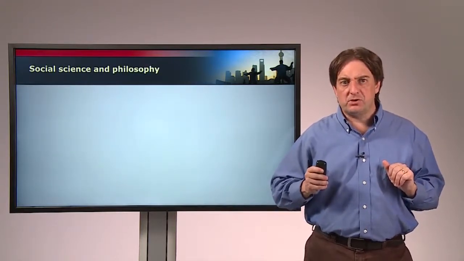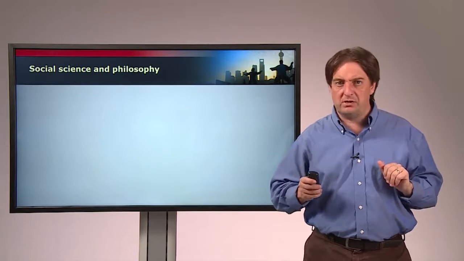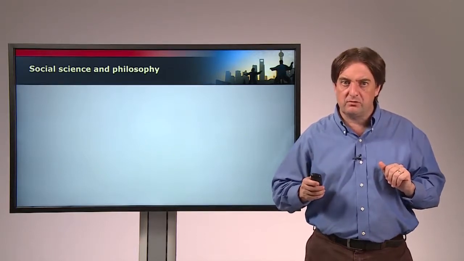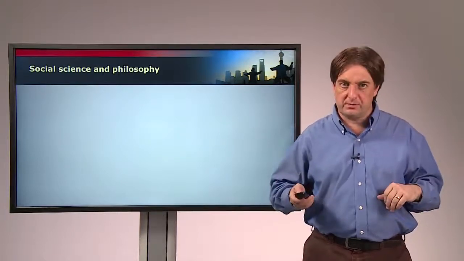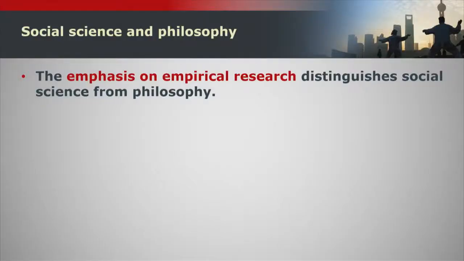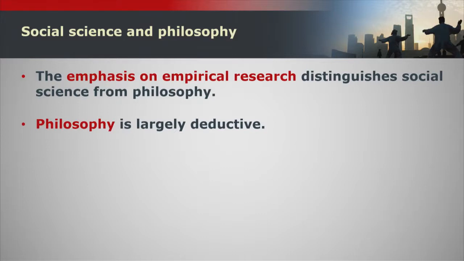Finally, there's also the distinction between social science and philosophy, in terms of differences between social science and apparently related fields. What distinguishes social science from philosophy is the emphasis on empirical research. Philosophy is largely, perhaps entirely, deductive.